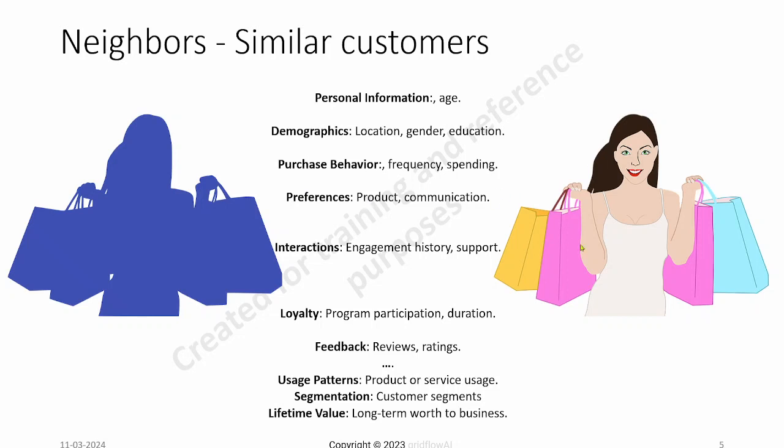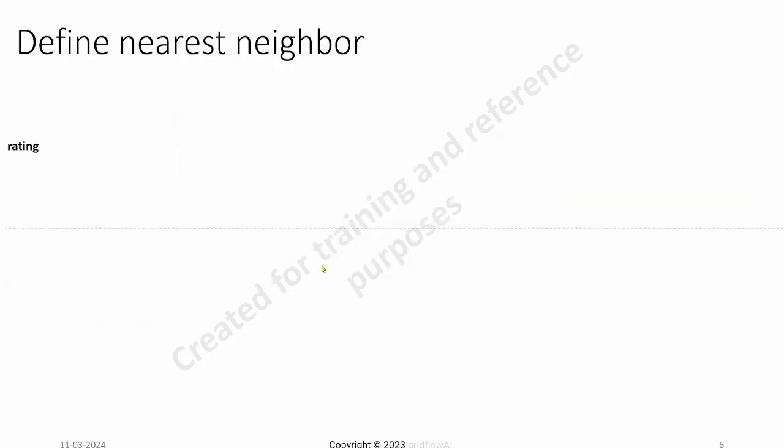If they come closer based on a similarity measure, for example Euclidean or any other measure, then we call these two customers neighbors. So they become neighbors based on the attributes that you have.